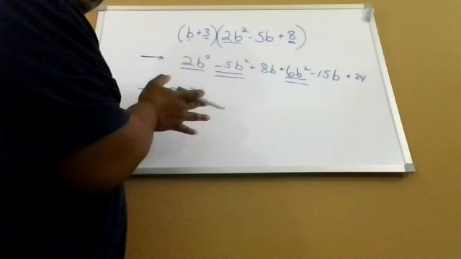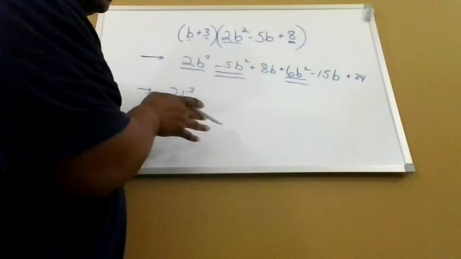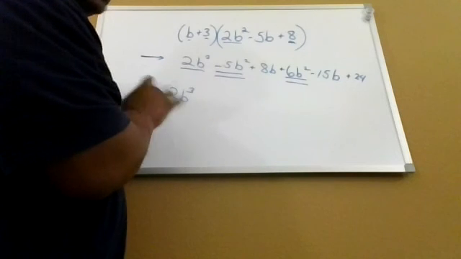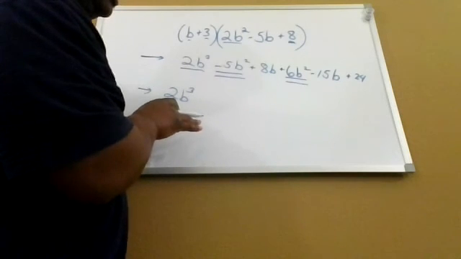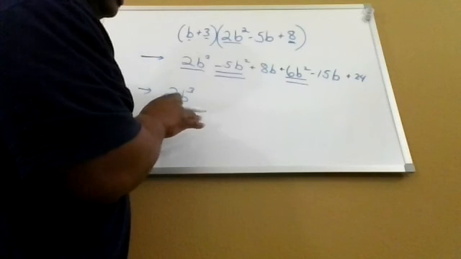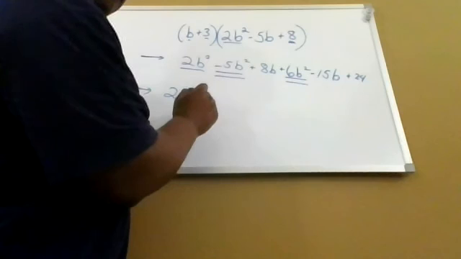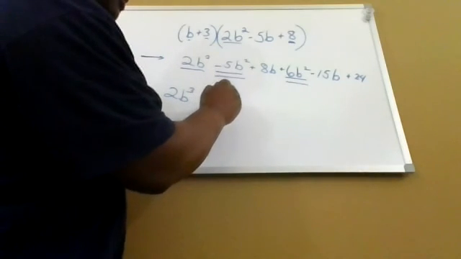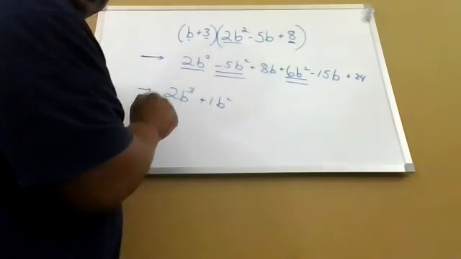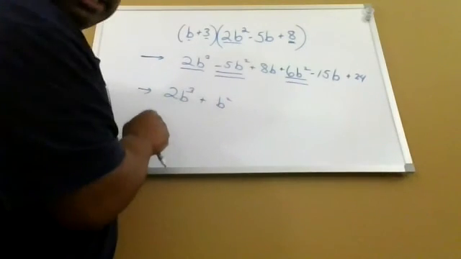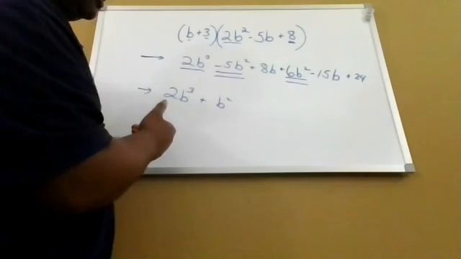Well, negative 5 plus 6 is 1. So I'm going to have 1b squared, or I can just remove the 1 and just have b squared.